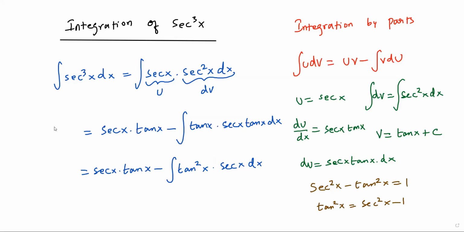So then I'll be getting secant x times tan x negative secant square x minus 1 times secant x dx. So I replace this tan square x by secant square x negative 1. Okay, let's continue on the next page.